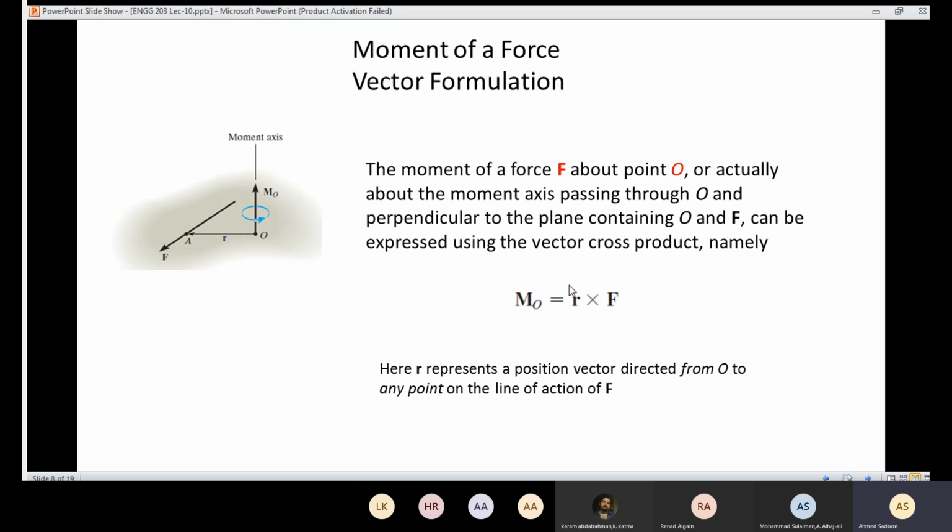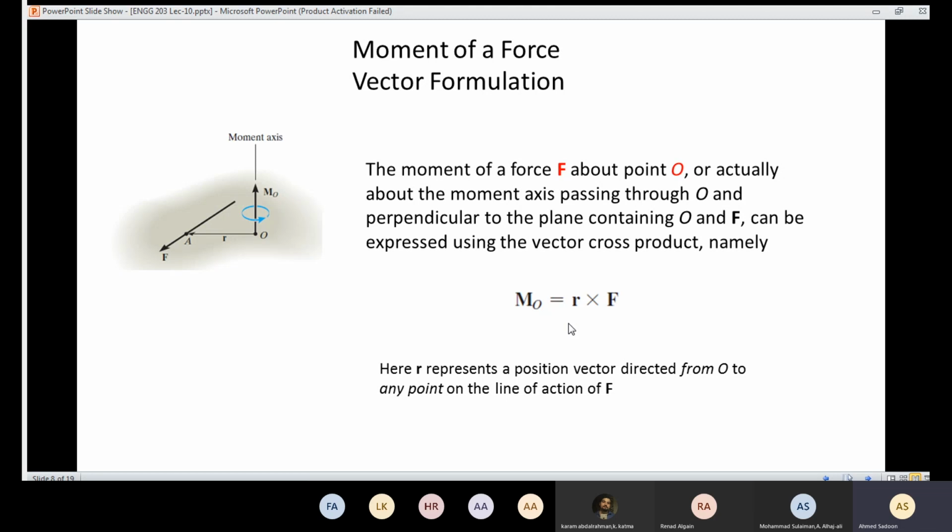They propose that the moment vector equals R vector cross F vector. We know F, it's here. But what about R? They say that R is the position vector.